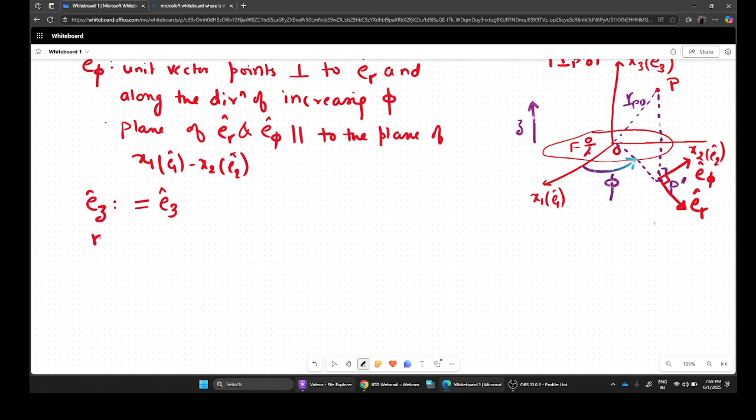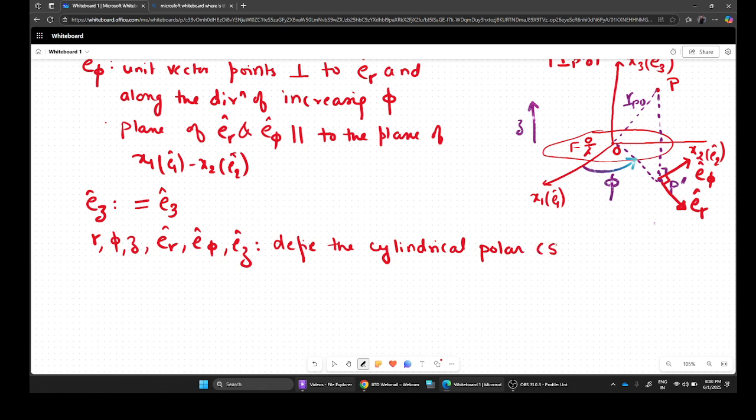Now with R, phi, Z, e_R, e_phi and e_Z defined, we say that they define the cylindrical polar coordinate system.